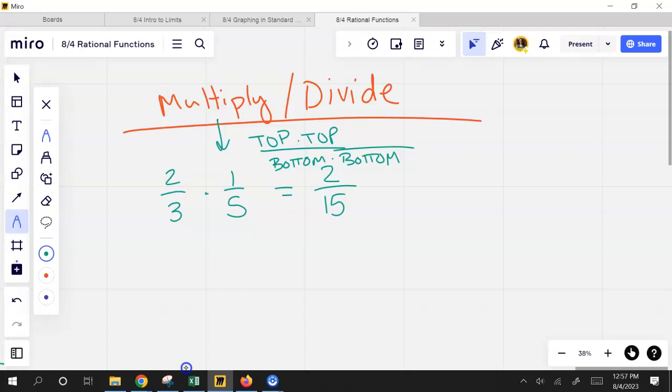Just caterpillar it. Okay, we're not doing adding and subtracting today, but you have to have a common denominator for those when you add or subtract. We'll go over that. All right, so multiply: top times top, bottom times bottom. How about division? Oh, I'm scared. Yes.